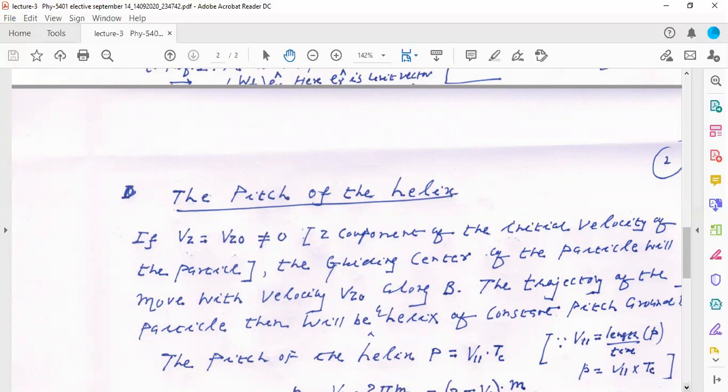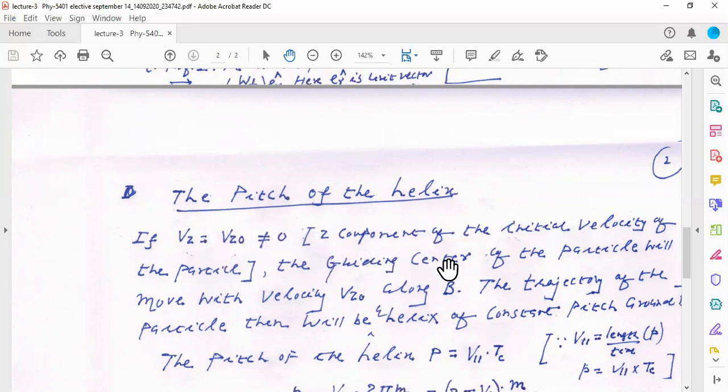The perpendicular component is affected by the uniform magnetic field, and the particle describes a circular path in the xy plane. If the z component of the particle velocity, vz, which we have described as vz0, is not equal to 0, that means the z component of the initial velocity of the particle is not 0.